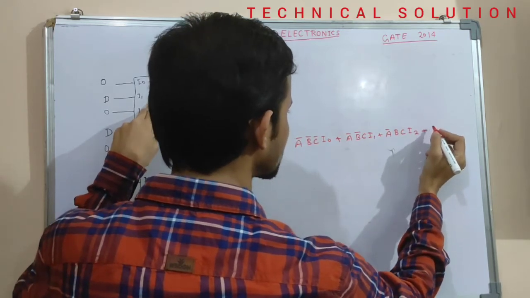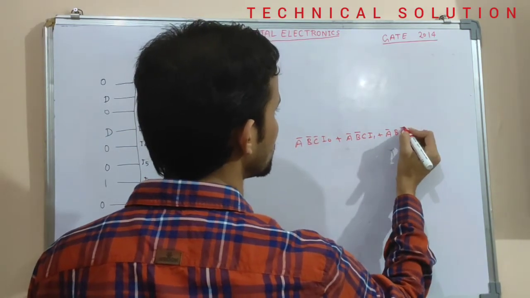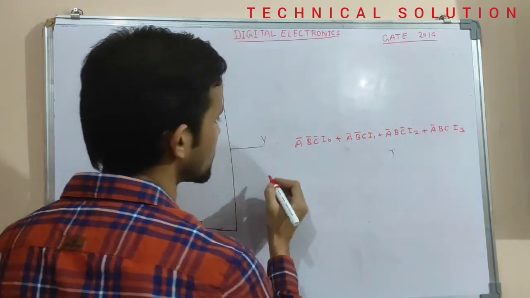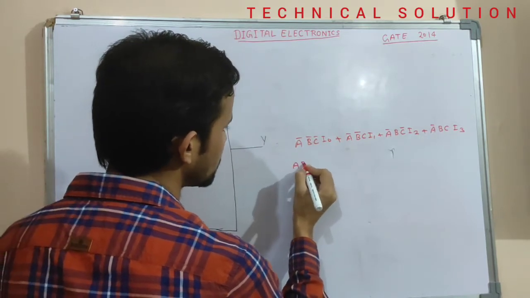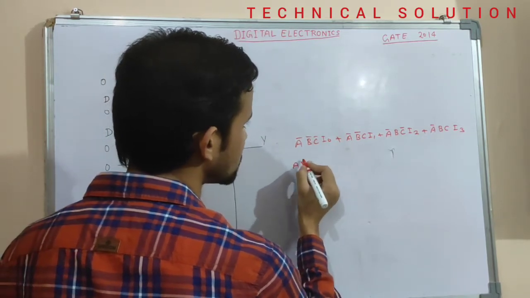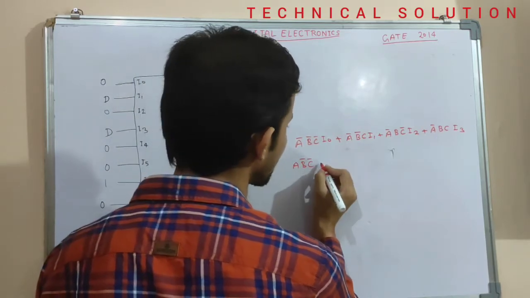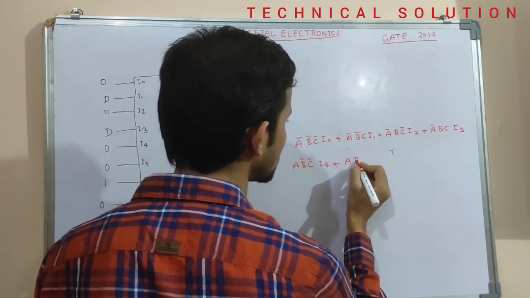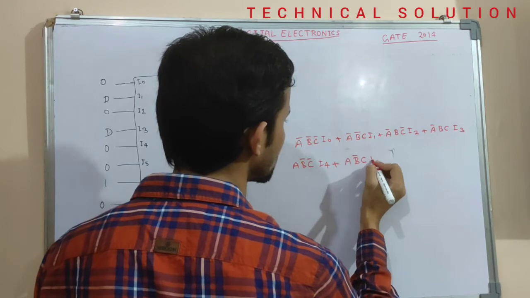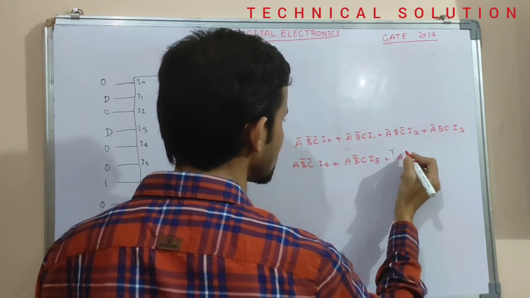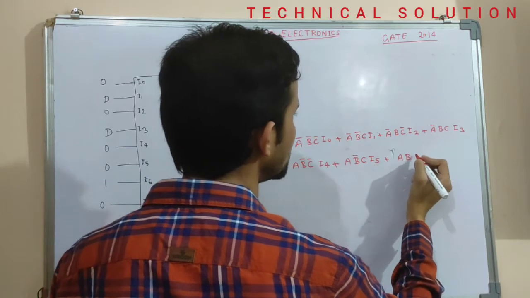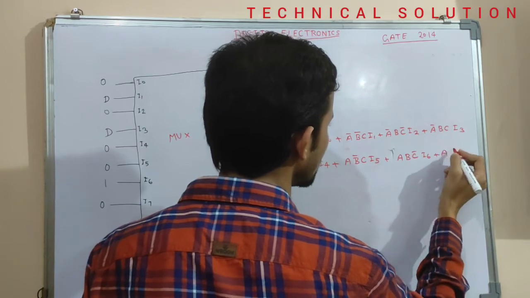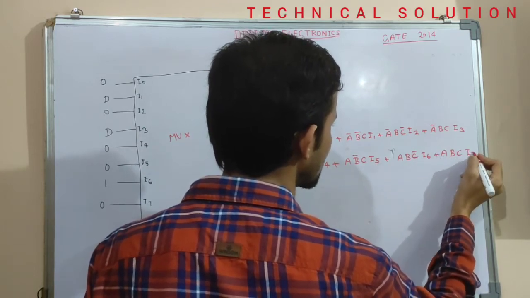Next is A bar, B, C, and I3 is passed. Next is A, B bar, C bar, and I4 is passed. Next is A, B bar, C, and I5 is passed. Next is A, B, C bar, and I6 is passed. Next is A, B, C, and I7 is passed.